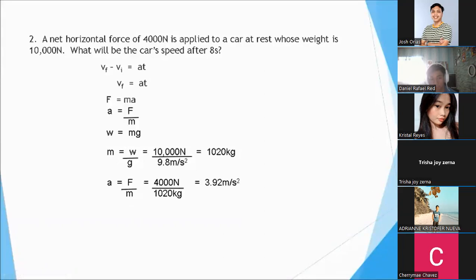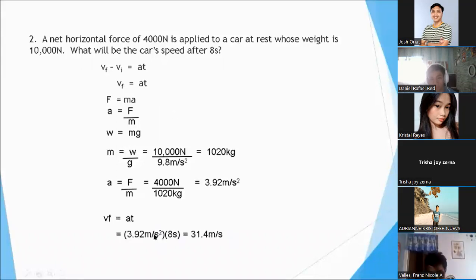And with that, we're now ready to solve for the final velocity that is being asked by the problem. Substituting the values obtained and the value given for t, solving that out, we get 31.4 meters per second.